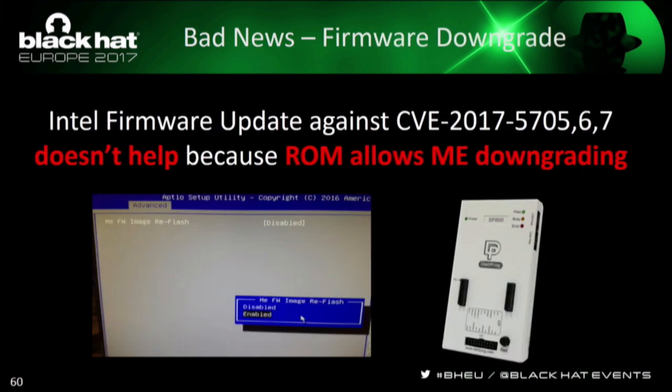And the second, the Intel firmware update. Actually, the bug can't be fixed completely by any patches because the ME starter code doesn't check firmware downgrade. So having local access to the SPI flash, you can always downgrade to vulnerable firmware.